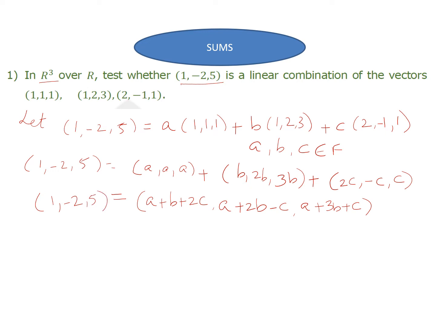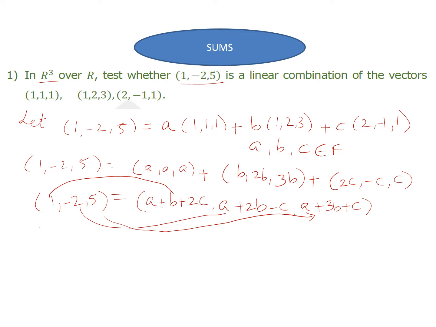Now, two vectors of R cube are equal if component by component they are equal. I equate the first component with the first component, the second with the second, and the third with the third.